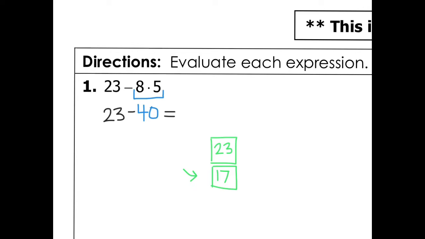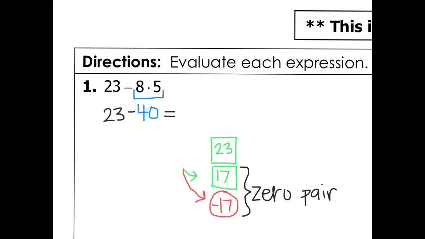But the rule is when I bring anything into a problem, I have to bring it in as 0. So I'm going to bring in negative 17 as well. This is called a zero pair. These two things together, positive 17 and negative 17, are called a zero pair. I can bring in or take away anything with a value of 0 into a math problem.